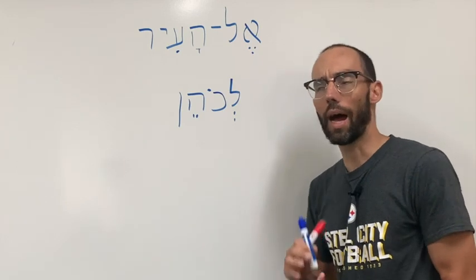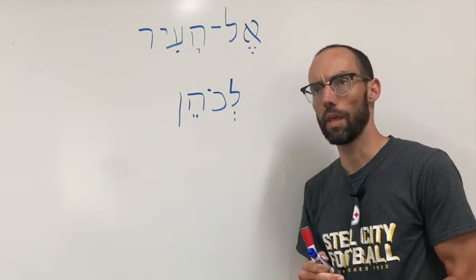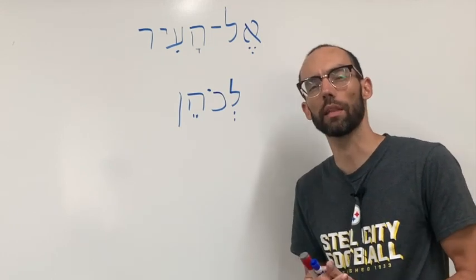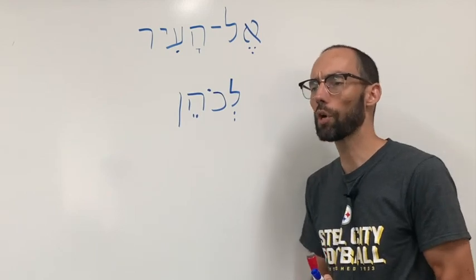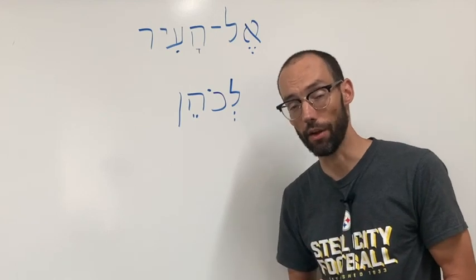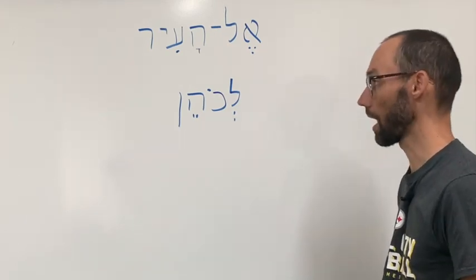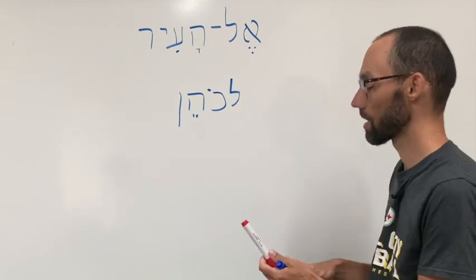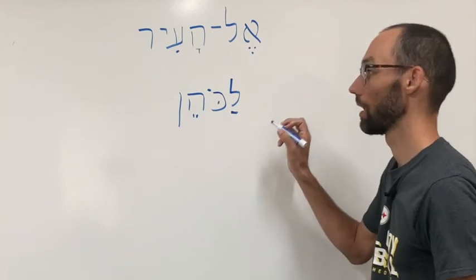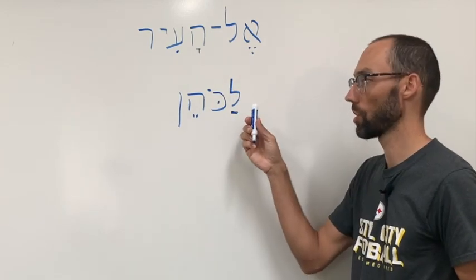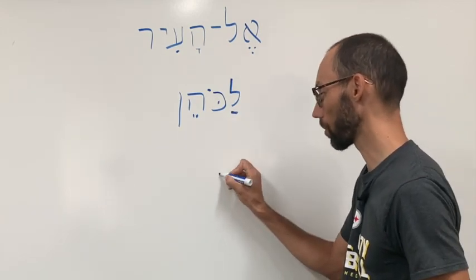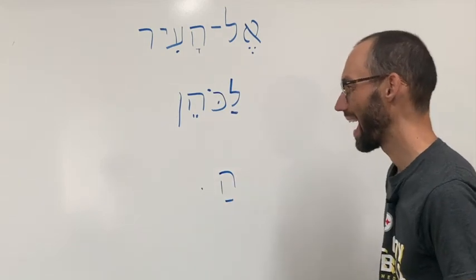So this week I'd like to teach you a new preposition that is a little bit special because it has a weak letter in it. If you recall, I said that hey is a weak letter, and that's why sometimes you'll get something like la kohen, which is for the priest, because of the article, hey patach with a doubling dot.